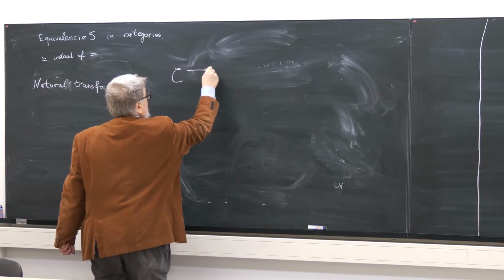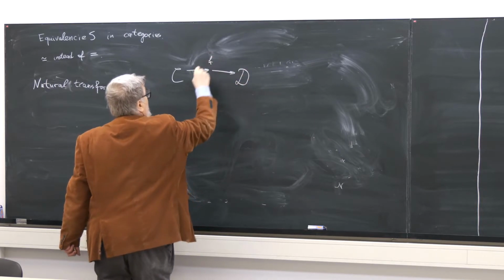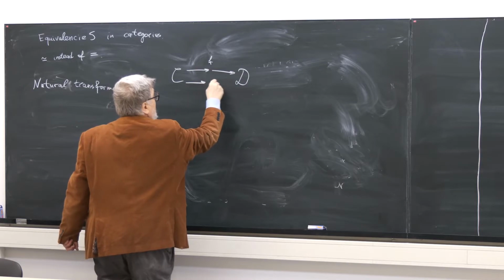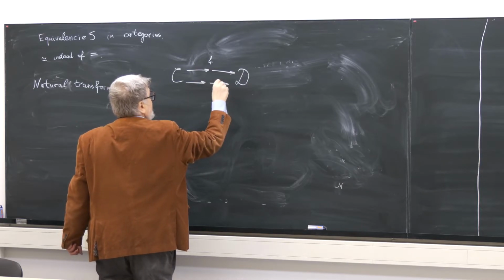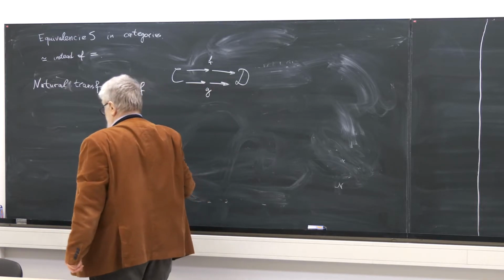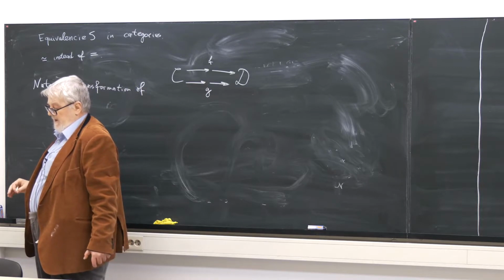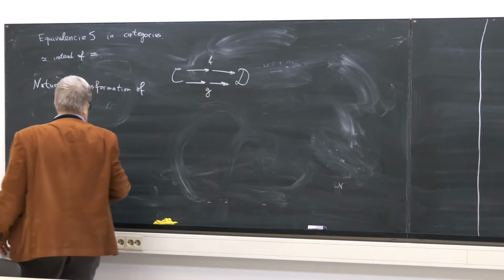Suppose we are given two categories and two functors. Then a natural transformation is usually denoted somehow, but I don't want to do it.